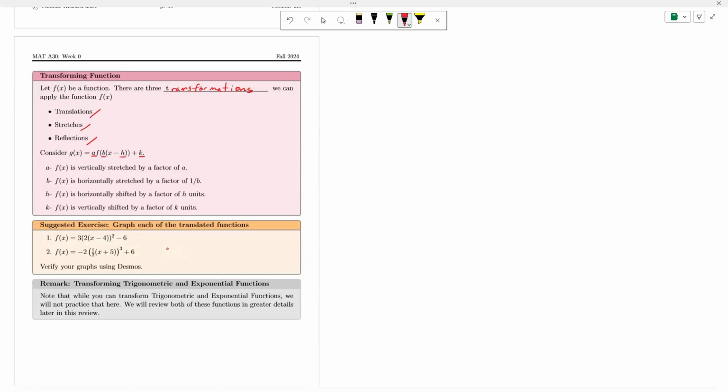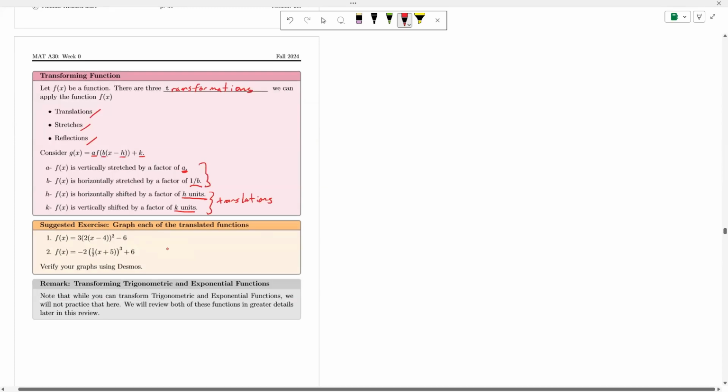A is a vertical stretch factor. B is a horizontal stretch factor of 1/b. H is a horizontal shift factor of h units. And k is a vertical shift factor, k units. These represent our translations, and these represent our stretches and reflections.